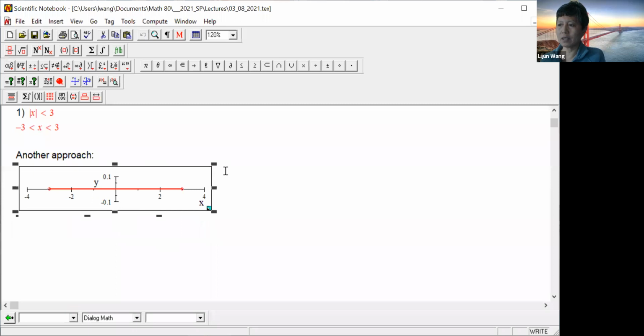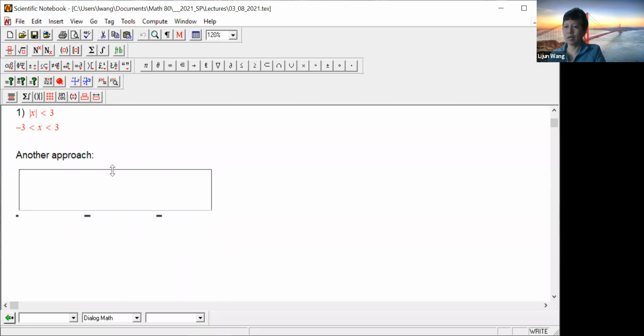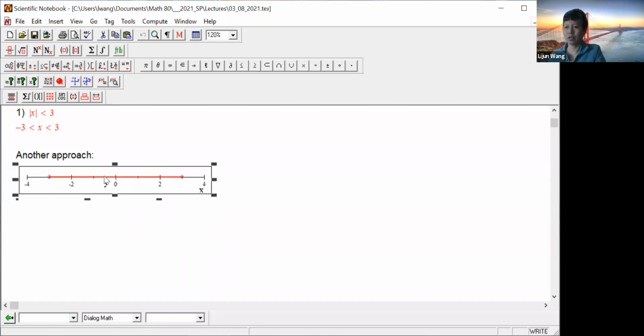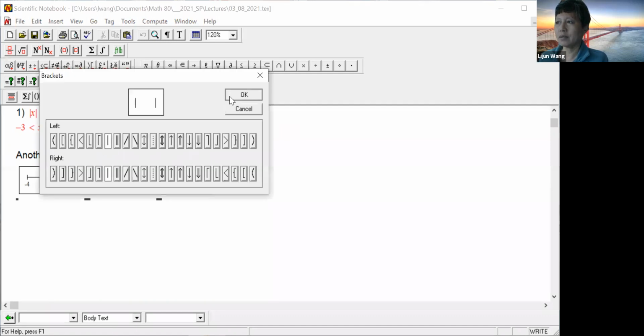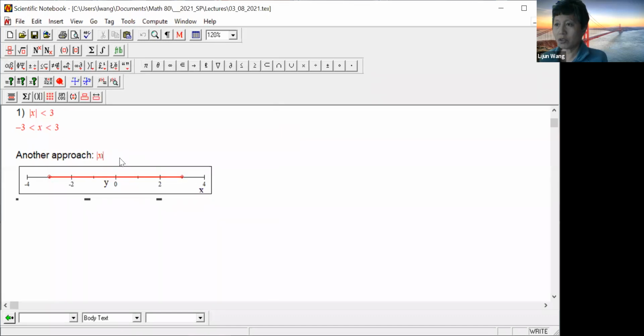So you just look at this number line. You don't even need to look at those vertical parts. Just look from the number line's perspective. What are the numbers on the number line such that the absolute value of those numbers is still an if statement?